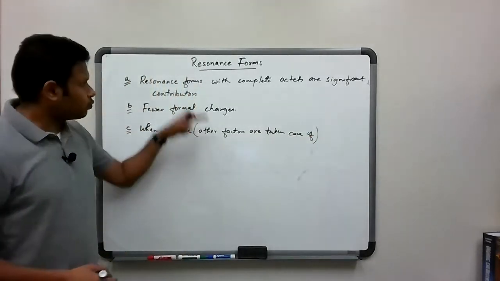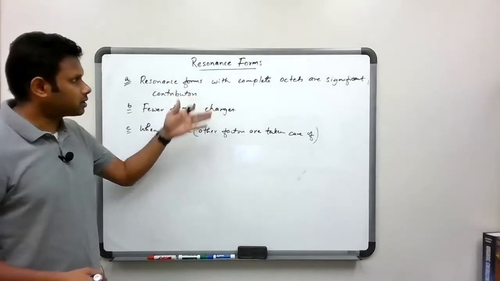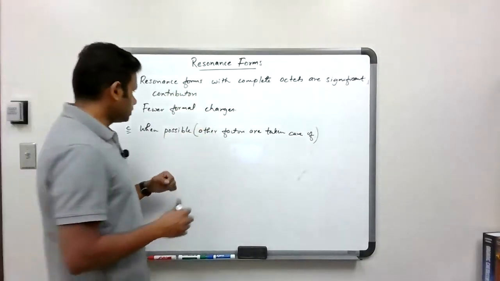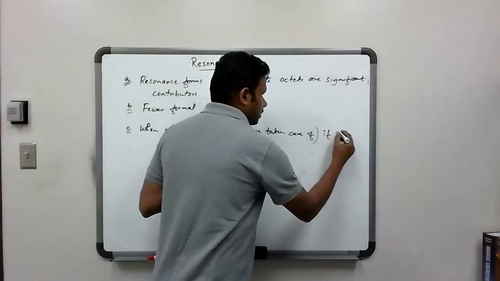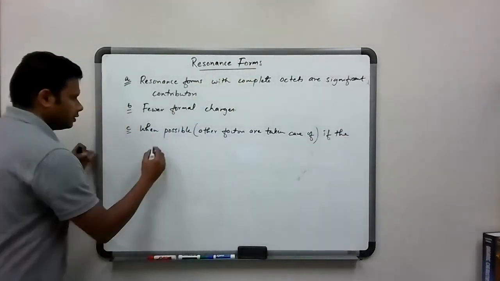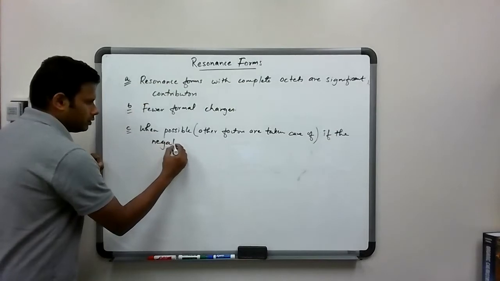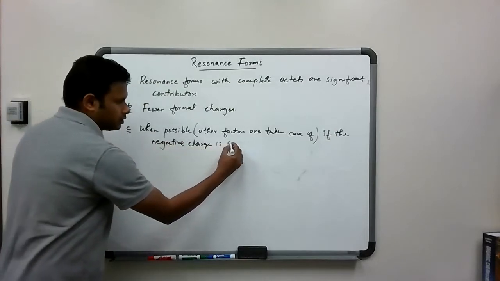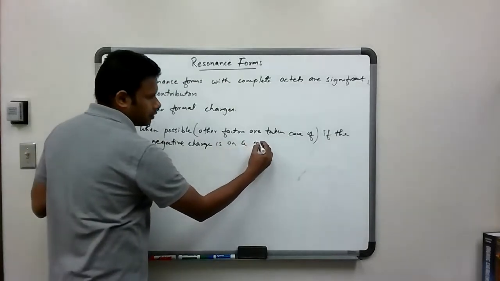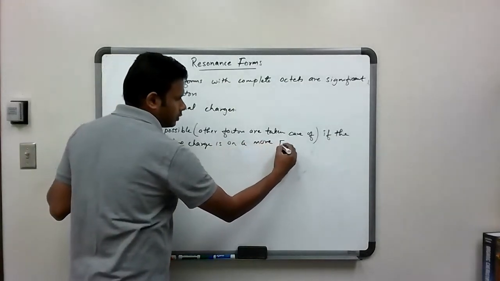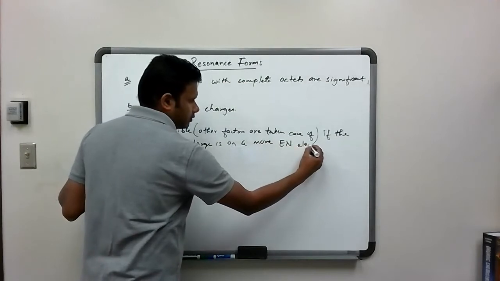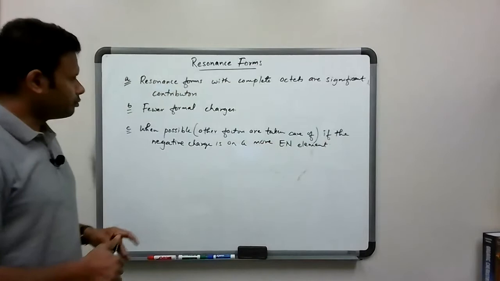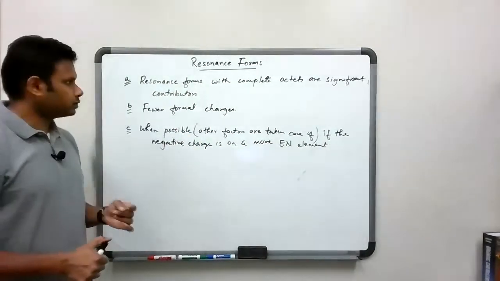Read that as 1 and 2: if you've drawn resonance structures with complete octets and fewer formal charges, if the negative charge is on a more electronegative element. I think these are the main ones that we should focus on.